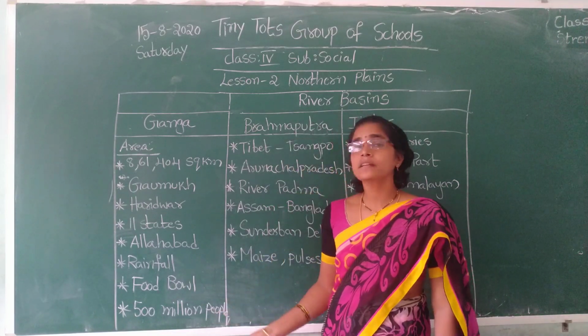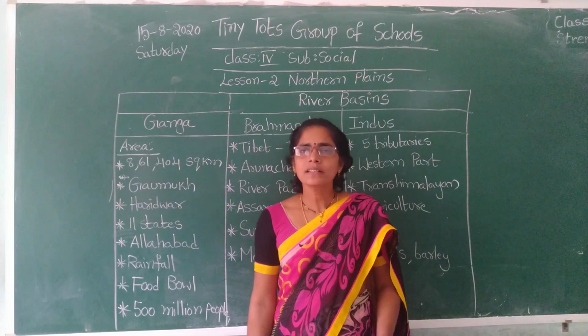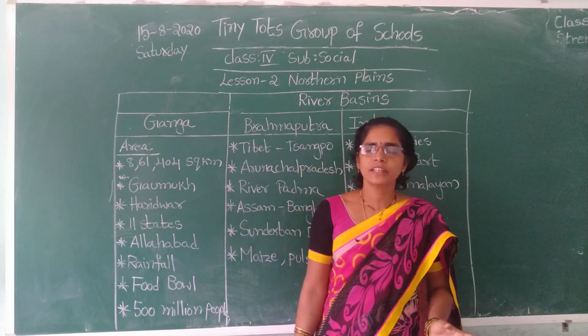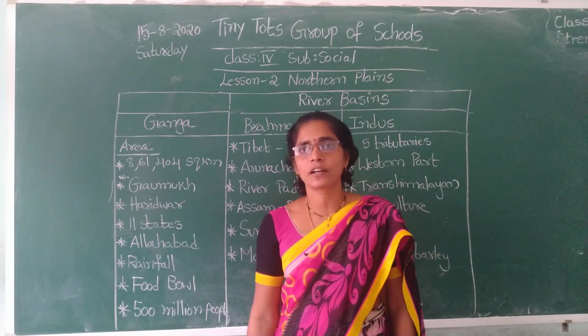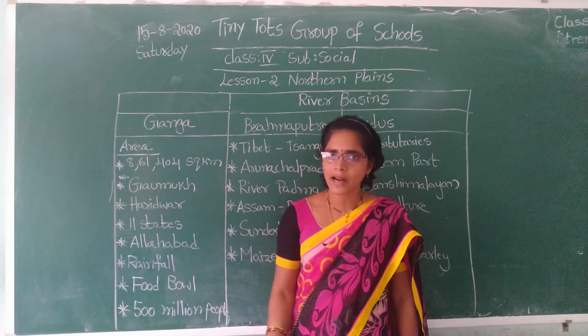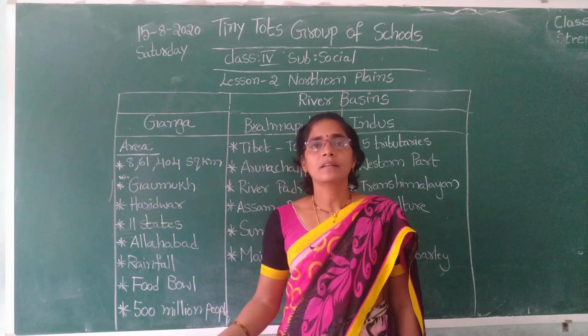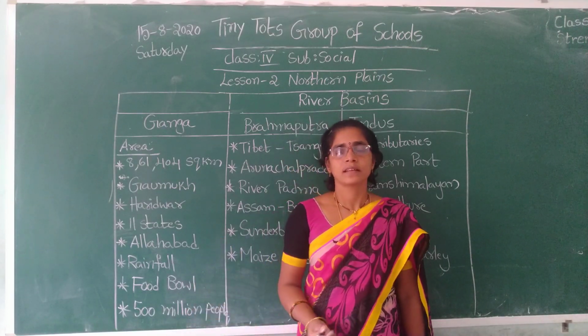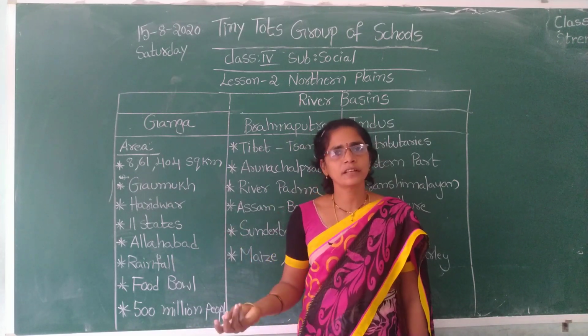Nearly 500 million people are living there. Why? What is the reason for that? Can you think about that? Can you imagine where drinking water and suitable land for constructing a transport system and houses are available, people live there automatically.